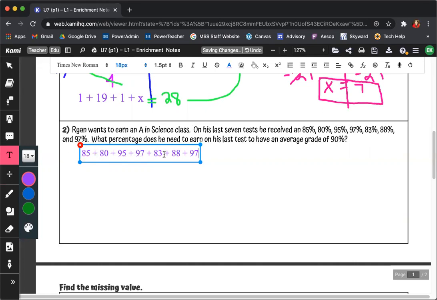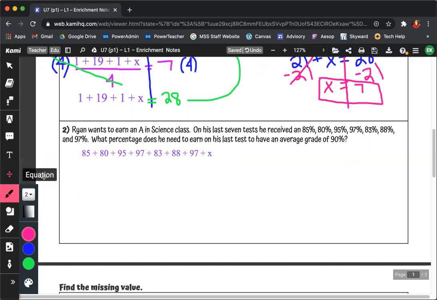Plus the unknown last test, divided by how many values? 7 already, plus the 8th test. So divided by 8, we want to equal an average of 90.